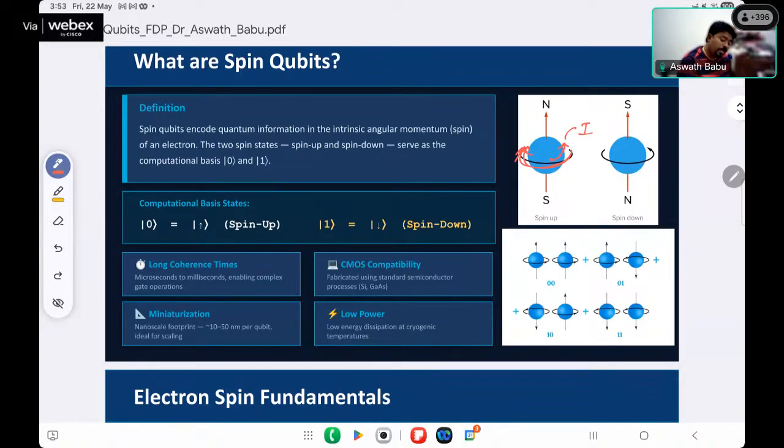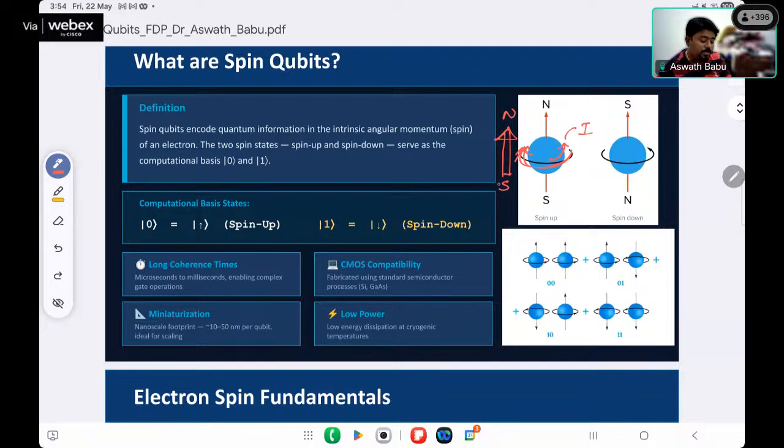So if you curl your fingers anti-clockwise, the thumb shows the up spin. Thumb would show the north pole. So basically the magnetic moment is pointed upwards.